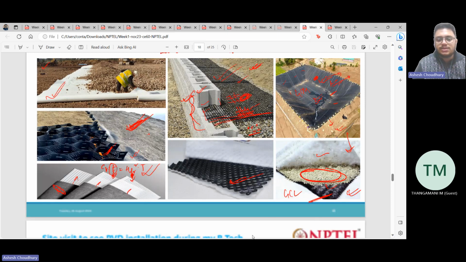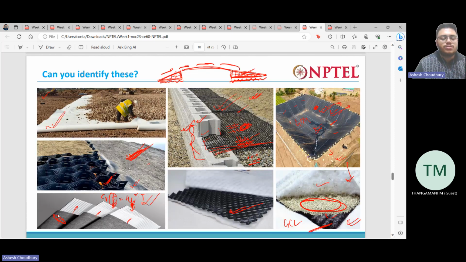Then this one is a geocomposite. Here we have a geonet sandwiched between two layers of geotextile. So now we know very well why this is done. The sandwiched geonet will serve the purpose of drainage, and the geotextile layers placed at the top and bottom serve as a filter.